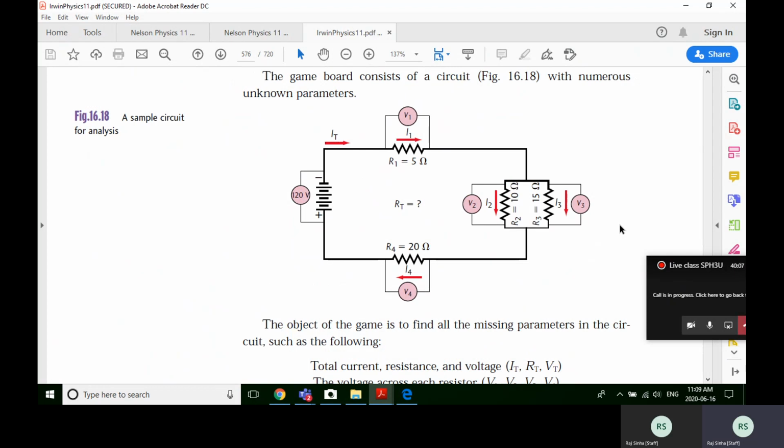This is similar to the one we just did, maybe even a little bit easier than the one we just did. Make that a little bit bigger for you.